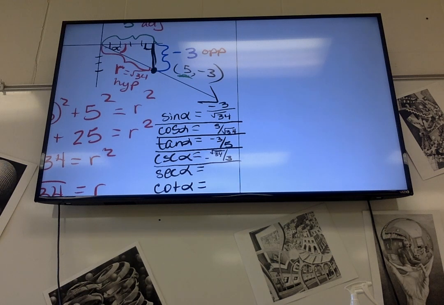What about secant, KJ? Is it -3 over square root 34? That was sine. Is that what you said? And secant is the reciprocal of which one?